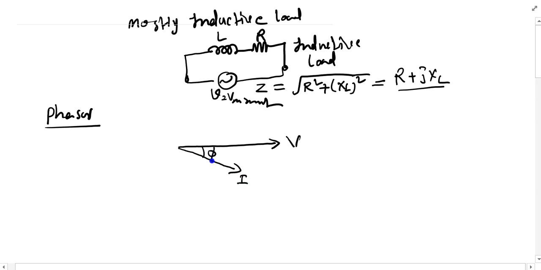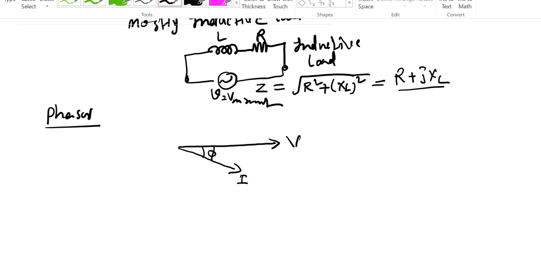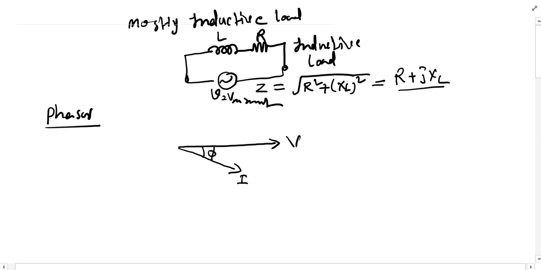This is the concept we have studied in the case of the RL series circuit.